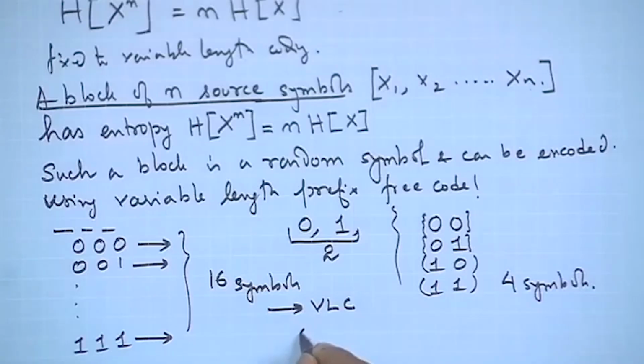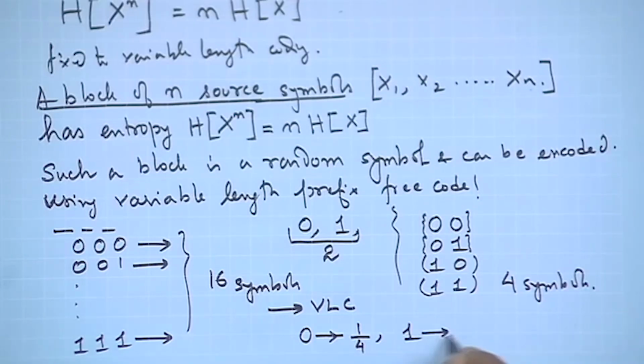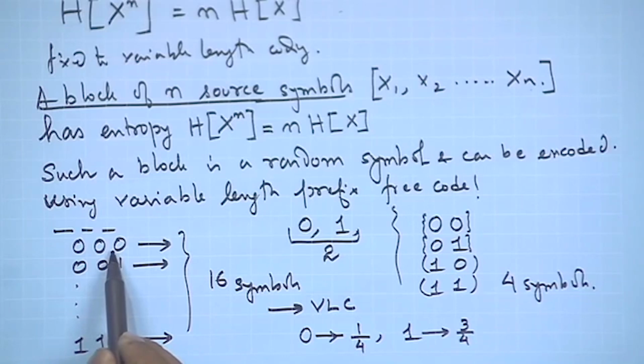What we can do is, suppose I give probabilities of 0 and probabilities of 1. For example, if I say that 0 comes with a probability of 1 upon 4, and 1 comes with a probability of 3 upon 4. So, when I have 000, I can calculate the probability as 1 by 4 multiplied by 1 by 4 multiplied by 1 by 4, or in other words 1 upon 64.